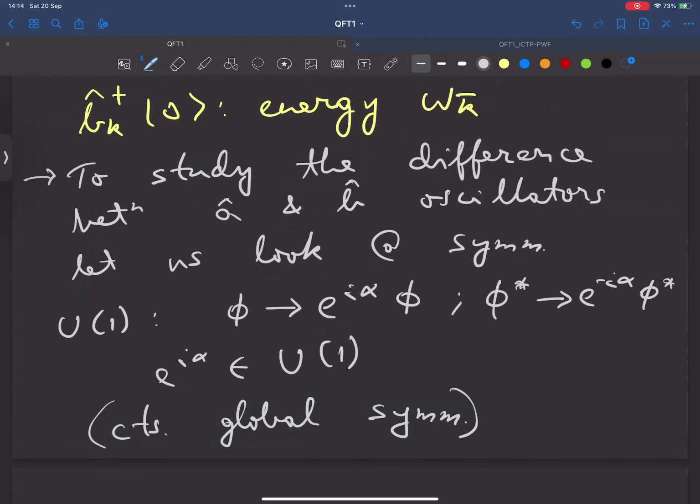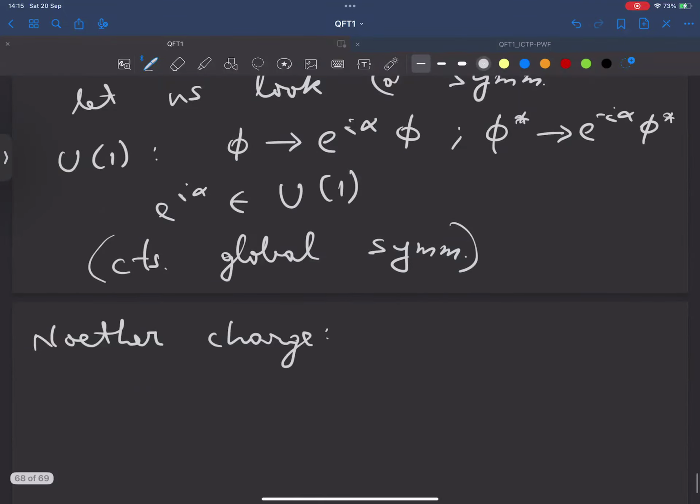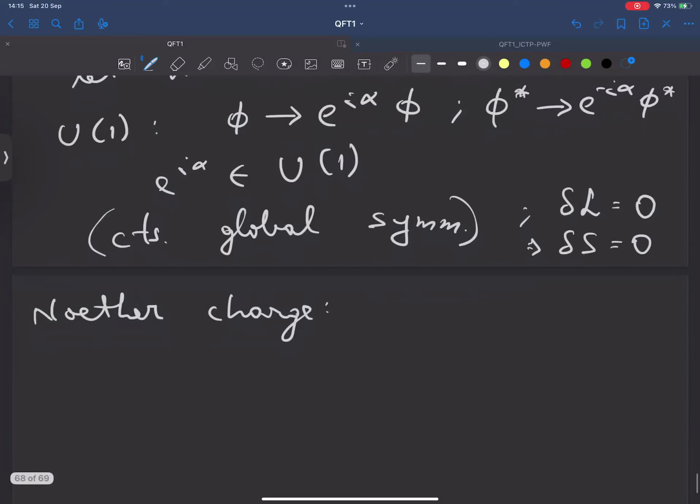Now let's look at what this does. Recall that we had defined its Noether charge for this symmetry. If you remember, under this symmetry the variation of the Lagrangian itself was 0, so the Lagrangian is invariant, which implies that the action is obviously invariant.